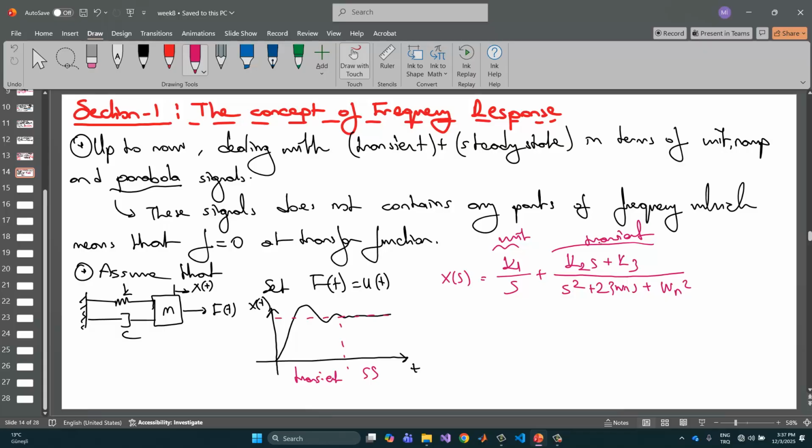If you have the perfect controller, perfect transient and steady state response, but you apply high frequency component of the inputs or the reference, your system may not catch the reference, which we call the frequency effect. Okay?